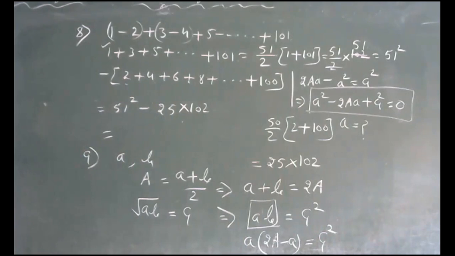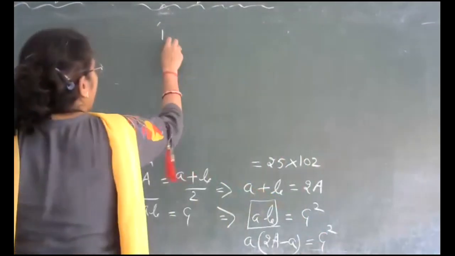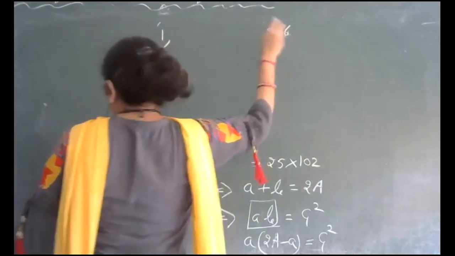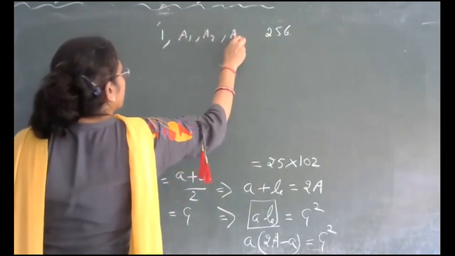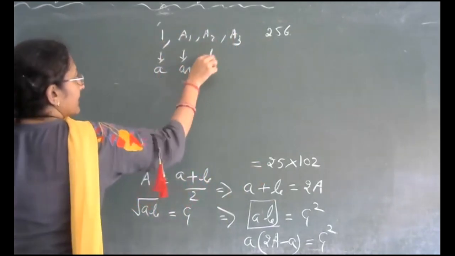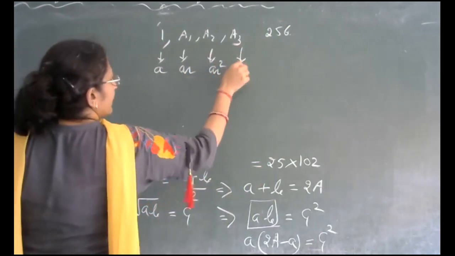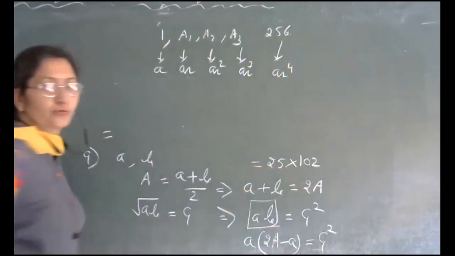And in the last, insert 3 geometric means between 1 and 256. So we suppose there are 3 geometric means between 1 and 256. So a1, a2, a3 will be ar, ar square, ar cube, and the last term is ar raised to power 4.